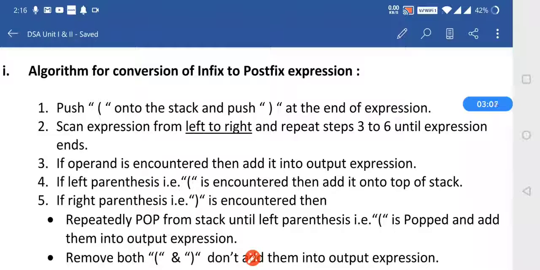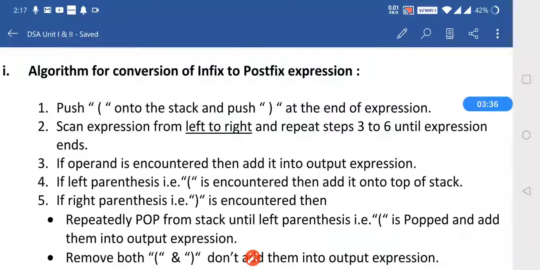Keep in mind, whenever we are converting an infix expression to a postfix expression, there are three fields: input, stack and output. Input is the expression which we will be taking into consideration one by one. Stack is where you will be keeping the operators and parentheses, and output is your final expression.